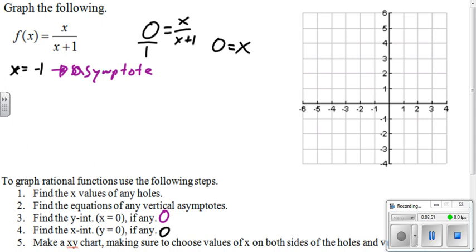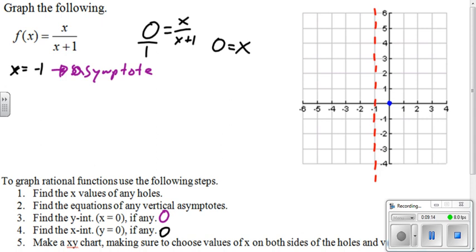So let's draw out what this looks like so far. We know that there are no holes, but that we have a vertical asymptote at x equals negative 1. So that's going to go right here. And we know that our x and our y-intercept is the point 0, 0. So we're most of the way there now.